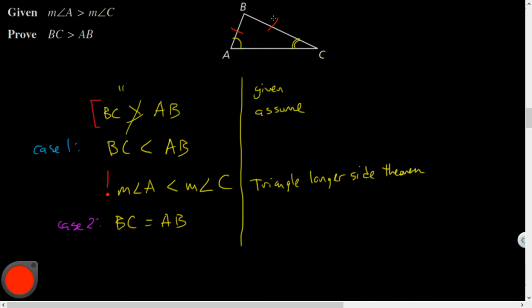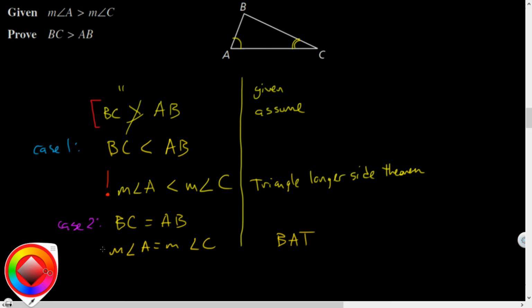If those sides were equal, those angles would be equal, by the base angles theorem. However, that can't be true. Why can't those be equal? Because I started with the fact that the measure of angle A was bigger than the measure of angle C. Can't be true.